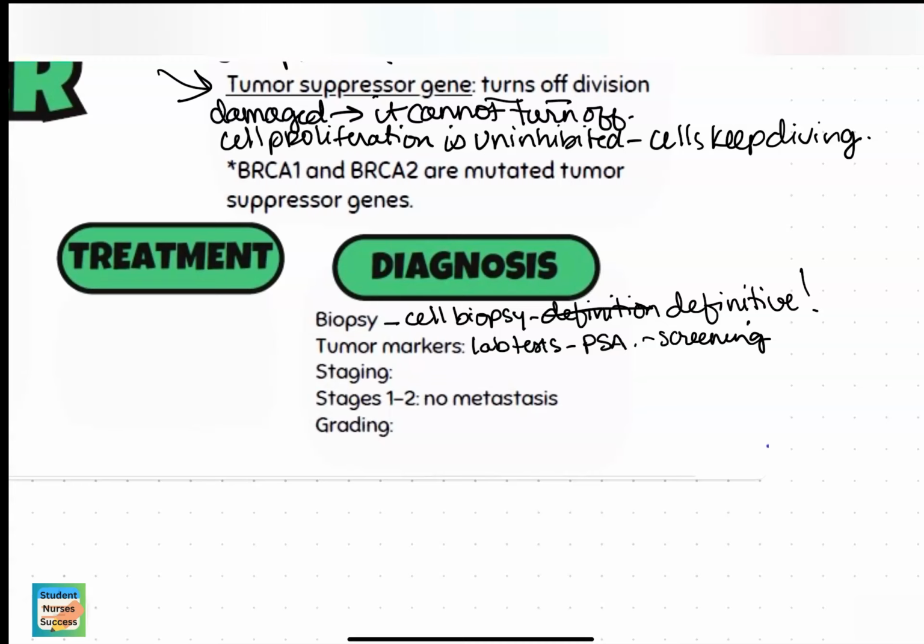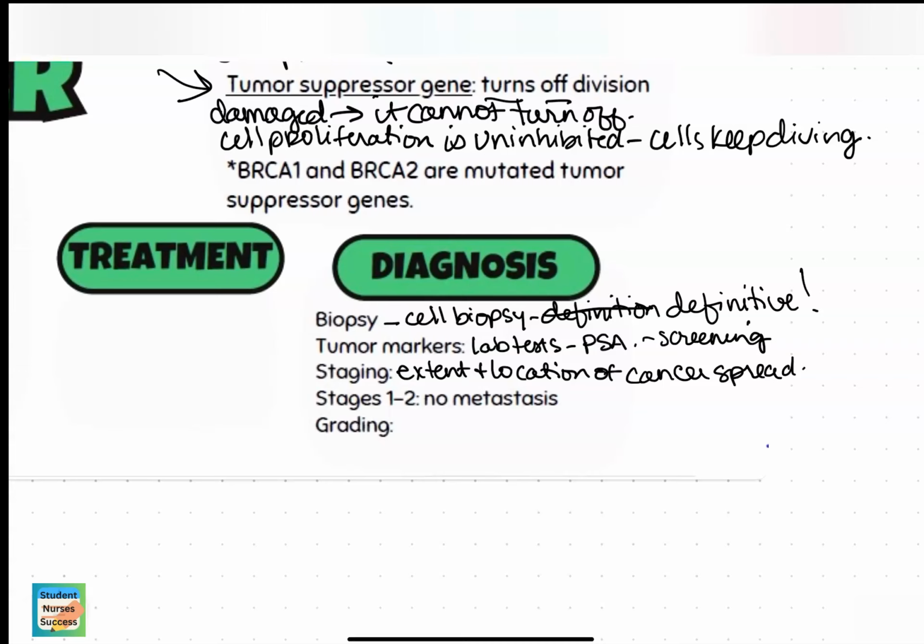Now, staging is used to identify the extent of cancer spread. We know that stages 1 or 2 means that there's no metastasis, so it's just in one site.